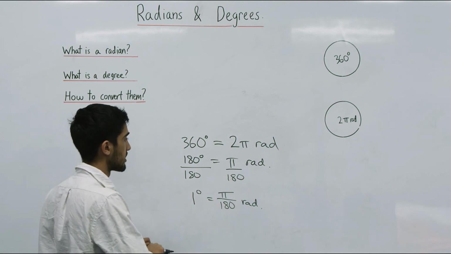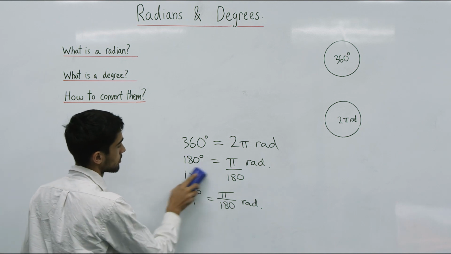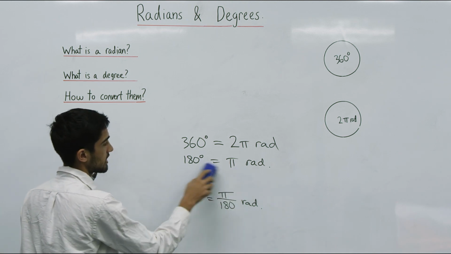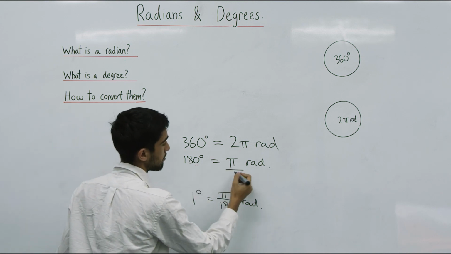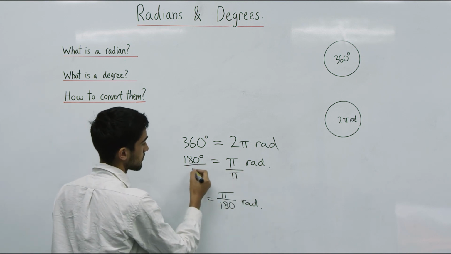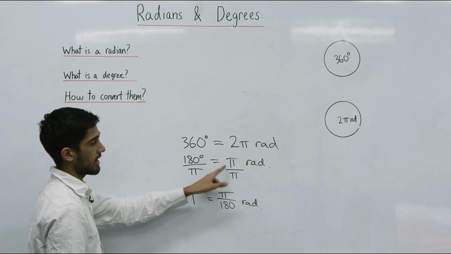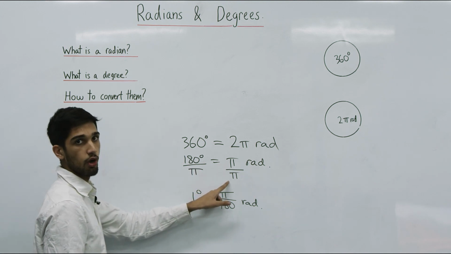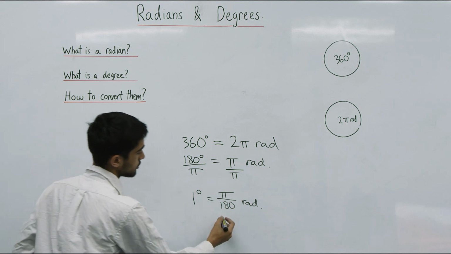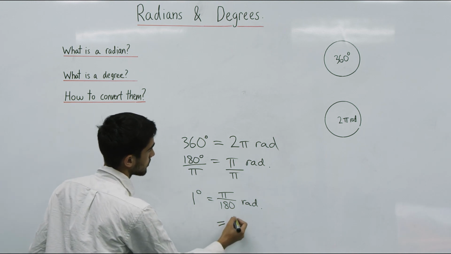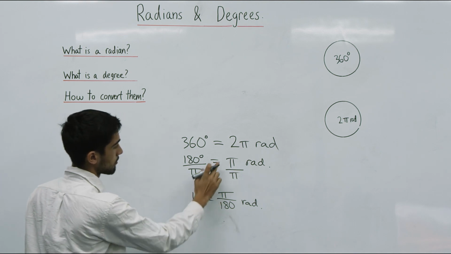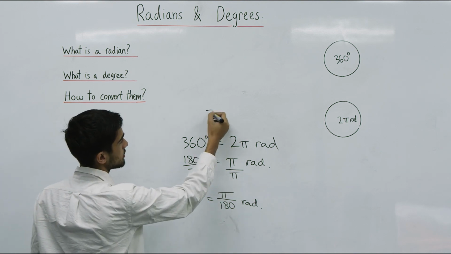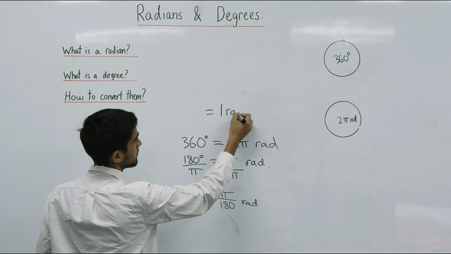The second formula we get is, starting with our equation here, if instead of dividing by 180, I now divide by pi on each side. On the right-hand side, pi radians over pi is equal to 1 radian.